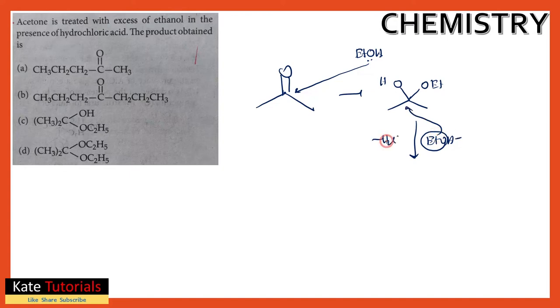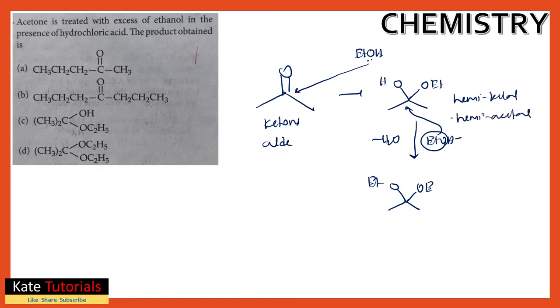So there will be loss of water and I'll get OEt, again OEt. It is a hemiketal because I started from a ketone. If I had started with an aldehyde, I would get a hemiacetal. Since I started with a ketone, I get a hemiketal. If I add one more molecule of alcohol, I get a ketal. So this is the structure.